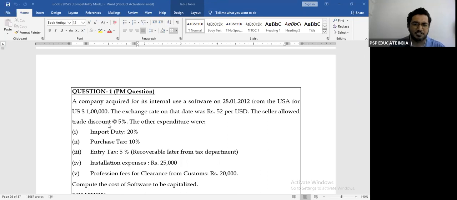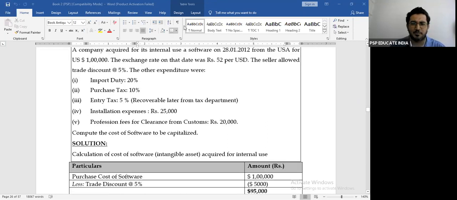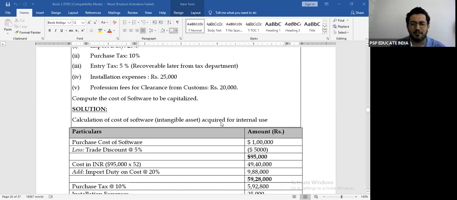The other expenditures were as follows: import duty at 20%, purchase tax at 10%, entry tax 5%, which is recoverable later from the tax department, installation expenses 25,000, professional fees for clearance of customs 20,000. What do we have to do? Calculate the cost of software to be capitalized.